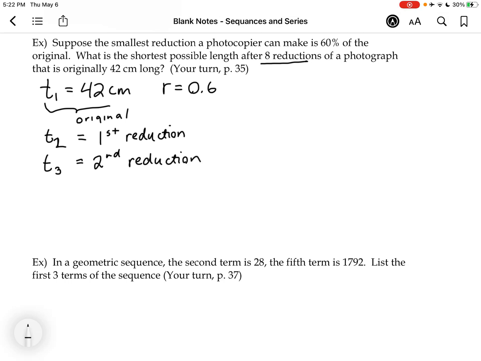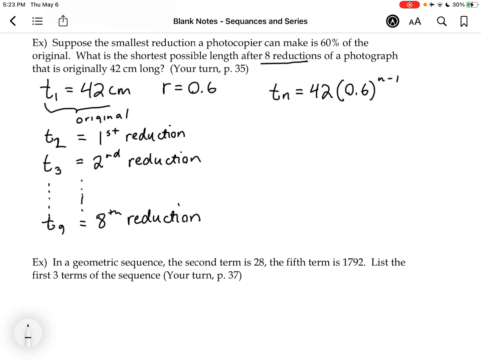T3 is the second reduction. So if we want to know what the 8th reduction is, we're actually not looking for T8, we're looking for T9. T9 would be the 8th reduction. So in general, Tn here is going to be T1, which is 42, times 0.6 to the n minus 1.